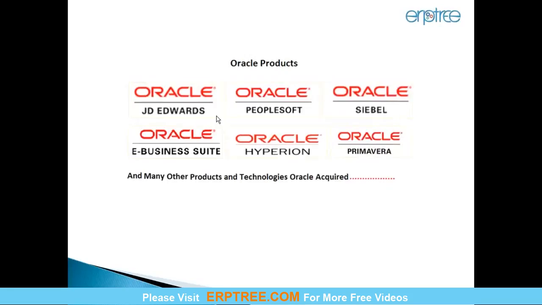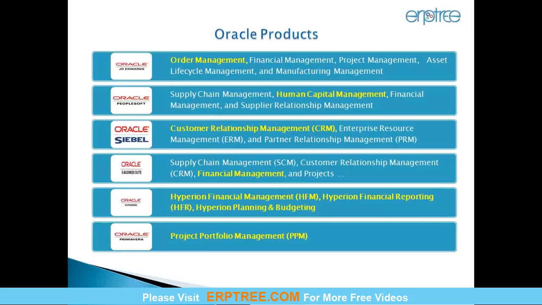After acquisition, what they did is, they took the best solutions from JD Edwards, PeopleSoft, Siebel, EBS, Hyperion and Primavera, which are required for any enterprise as a part of a complete specialized solution. That's how they built the Fusion application. From JD Edwards they took order management and some finance related functionalities.